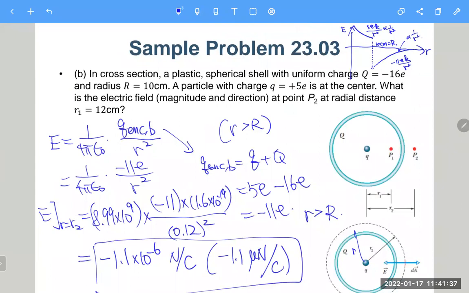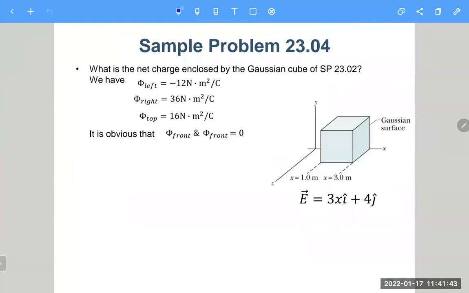Okay, so far, any questions? Okay, so we still have another sample problem. And actually here it asks you what is the net charge enclosed by the Gaussian cube of sample problem 23.2.